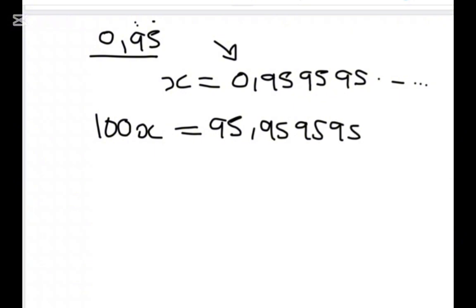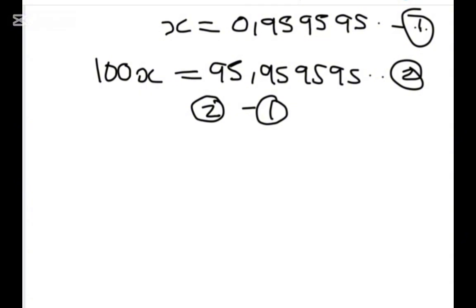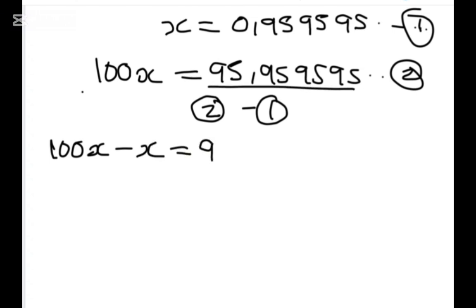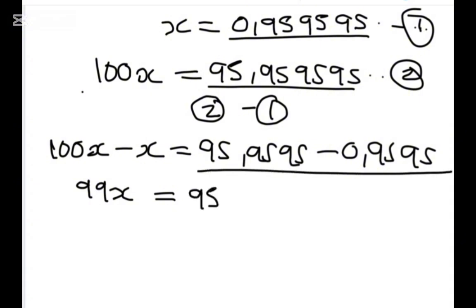If you multiply this by 100, you get 95.9595, perfect. I'm going to name this equation 2 and this equation 1, and take the bigger one minus the smaller one. Equation 2 minus equation 1: 100x minus x, and 95.9595 minus 0.9595. Worked out on a calculator, we get 99x on this side and 95 on the other.